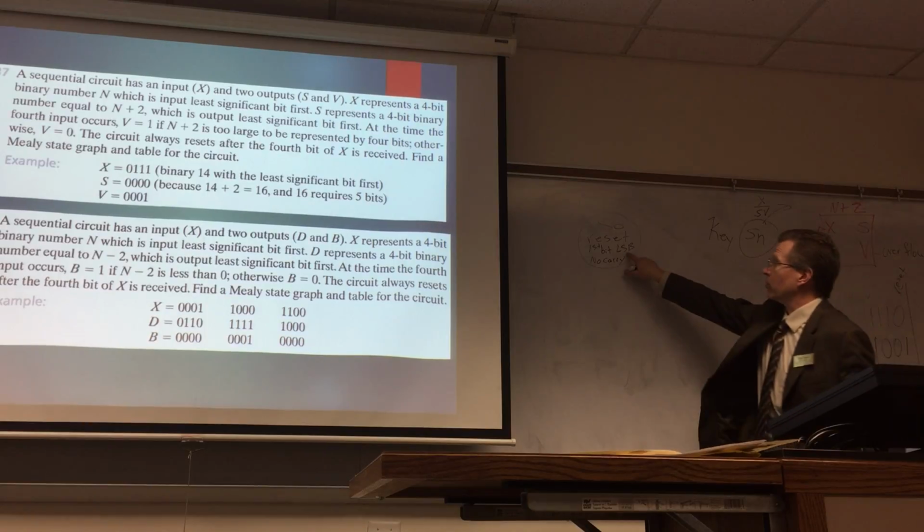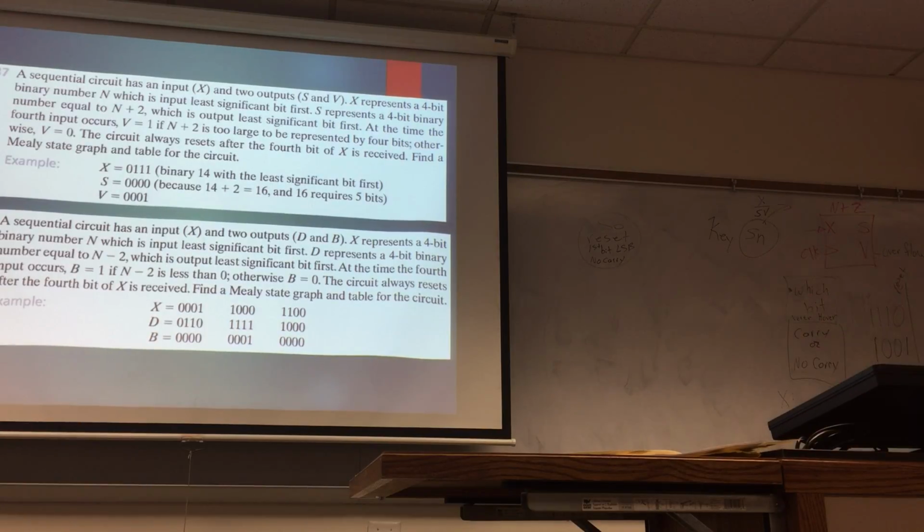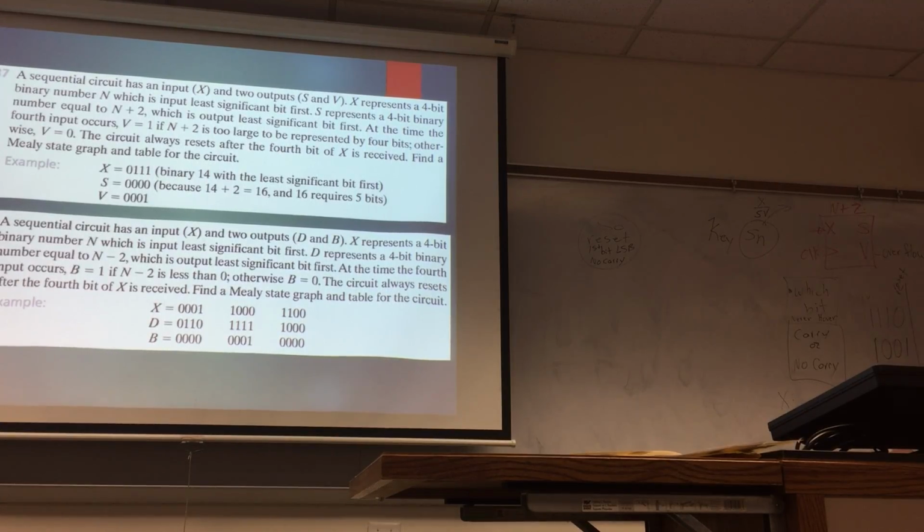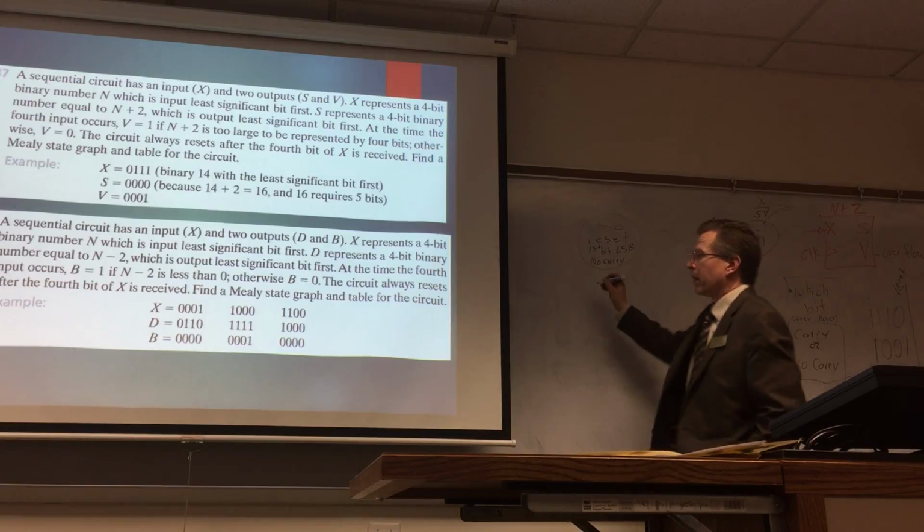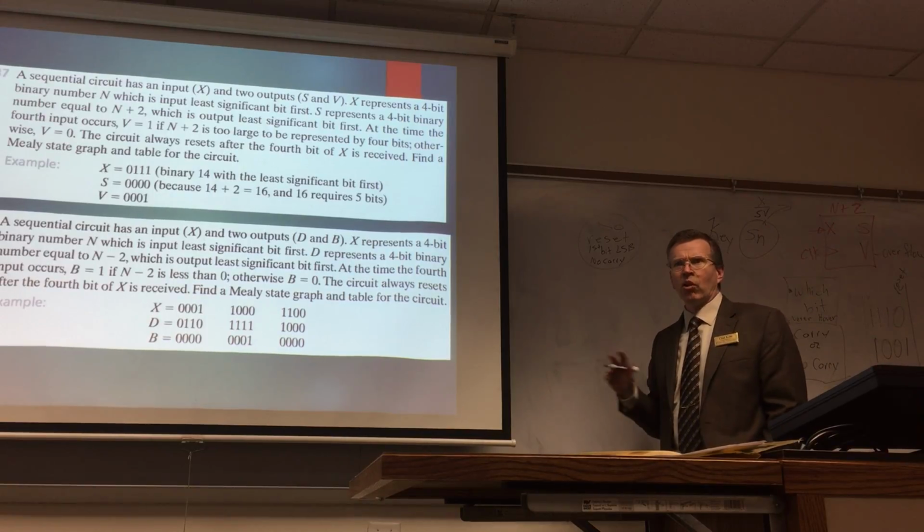Let's put ourselves in the reset state. Nothing's happened yet. And we get a 0. What are we adding to the LSB? Nothing, right? We're adding 0 to it. So we should output a 0 and go to a state that has no carry. You agree? No carry here, output a 0. Now, will I ever hover? No hovering, right?